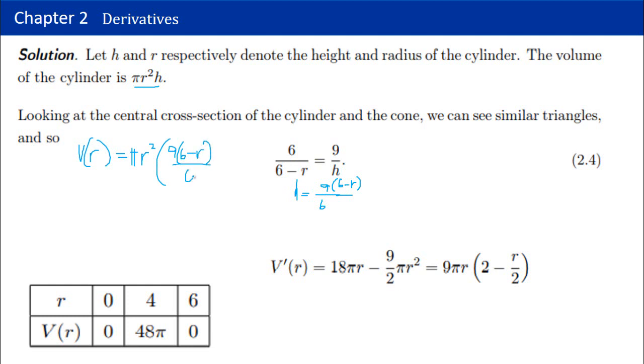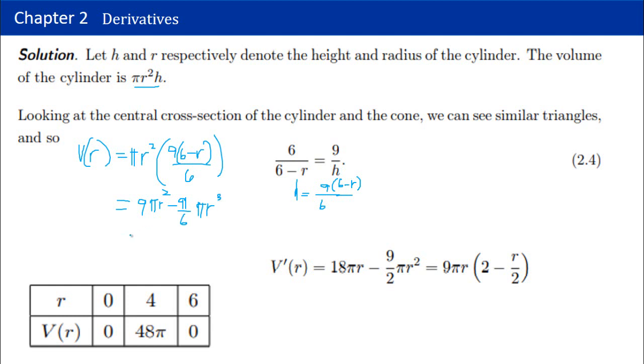If we simplify, 54 over 6 is 9, so 9 pi r squared, minus 9 times r over 6 times pi r squared, that is 9 over 6 pi r squared times r, which is pi r cubed.